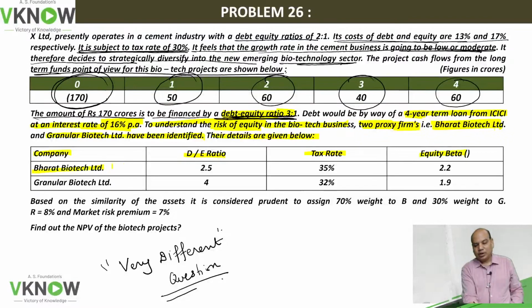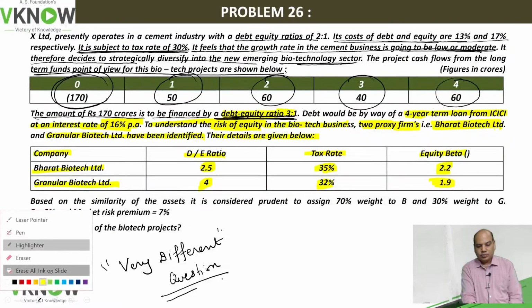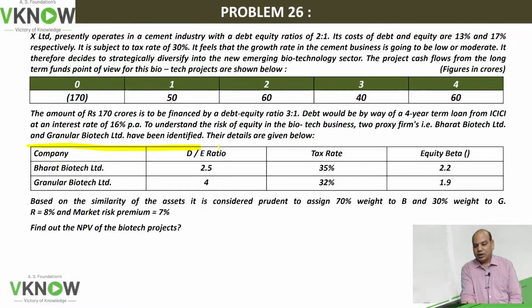Bharat Biotech Limited: debt equity ratio 2.5, tax rate 35, equity beta 2.2. Granular: 4, 32, 1.9. These two firms are representative of the industry.